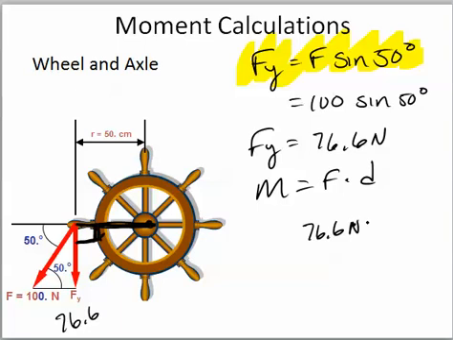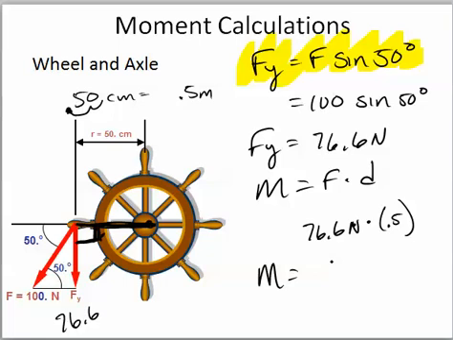Now, 50 centimeters equals 0.5 meters. It's two spots from centimeters to meters. That becomes 0.5 meters, so I'm going to multiply it by 0.5. The moment then is half of 76.6, and that gives me 38.3 Newton meters.